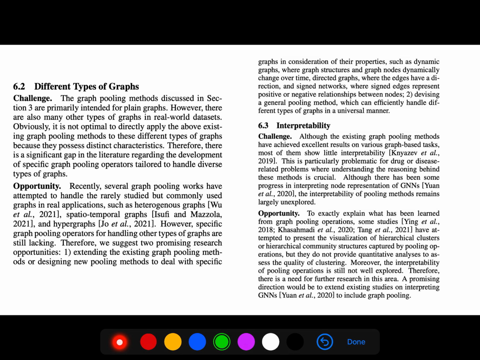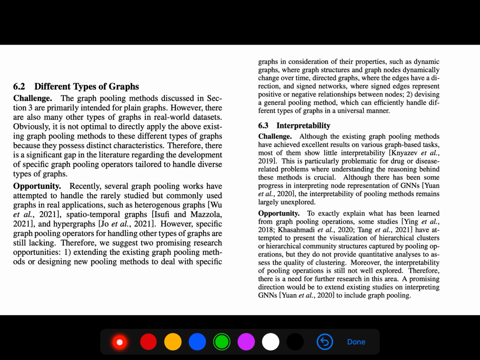Therefore, we suggest two promising research opportunities: extending existing graph pooling methods or designing new pooling methods to deal with specific graphs. And interpretability. Although existing graph pooling methods have achieved excellent results, most of them show little interpretability.